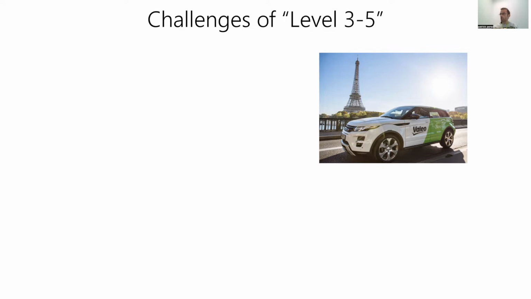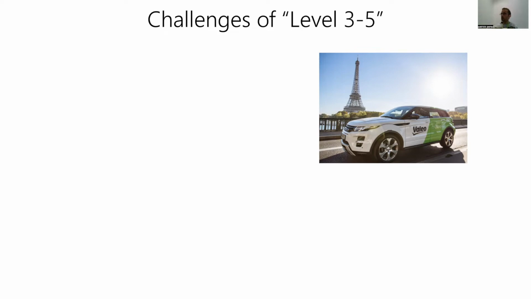And level 5 is essentially full autonomy everywhere at any time. You can even think of vehicles without any steering wheels or pedals. So it's very difficult to get there. And you see the small illustration here is one of our experimental platforms, which is more or less level 4, driving in Paris, but it's fully experimental. The only thing which is not experimental is the fact that it's using actual series sensors that we make, like cameras and lidar.